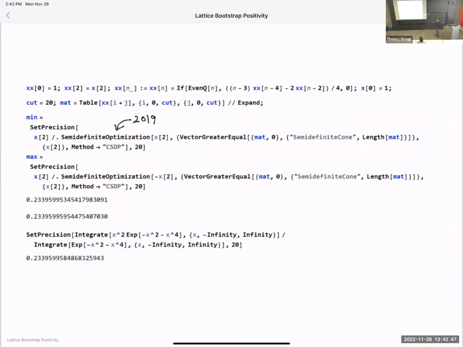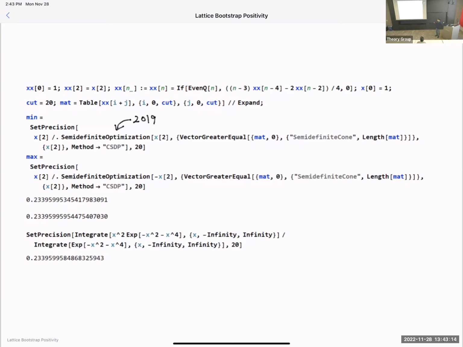So we consider the first 20-degree polynomial. And then this is the min. There's a fancy function in Mathematica called SemidefiniteOptimization. It was introduced in Mathematica 2019, and it's a built-in function. And when a function is built into Mathematica, I think it's fair to call it a very standard function.